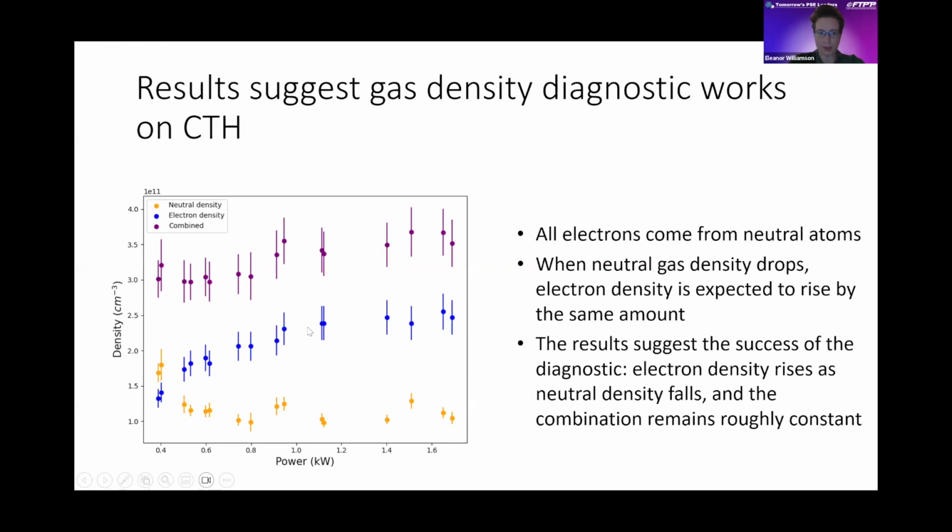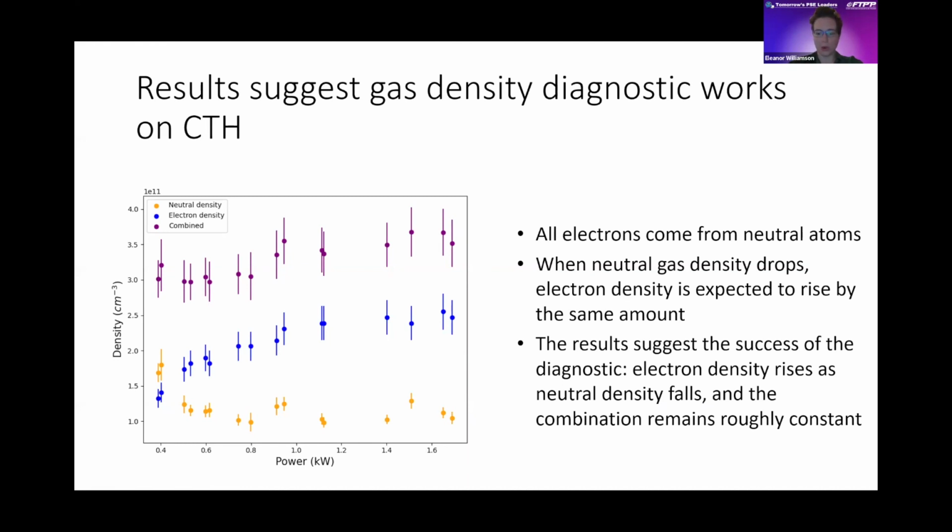So that you don't have to rely on your eyes, I also show the combined electron plus neutral density, and that should be staying roughly constant, and in fact, it stays roughly constant. This set of results is a fairly good indication that this particular diagnostic works.